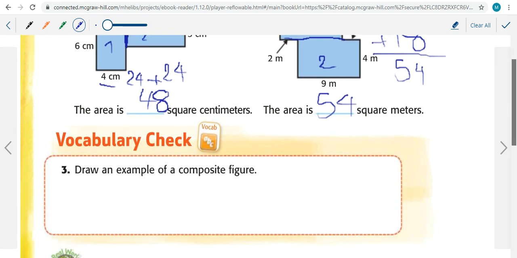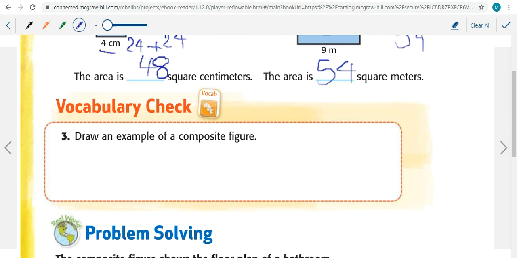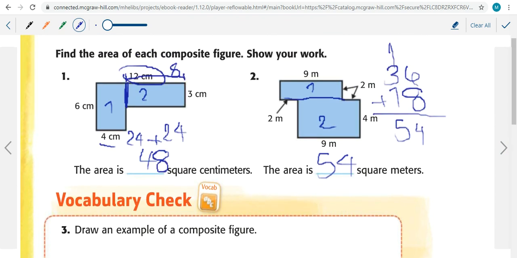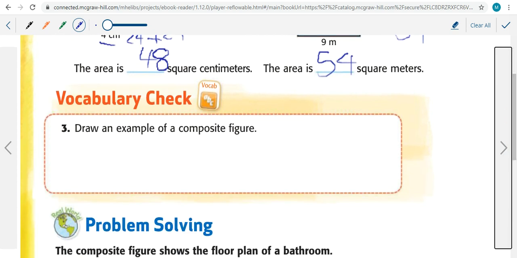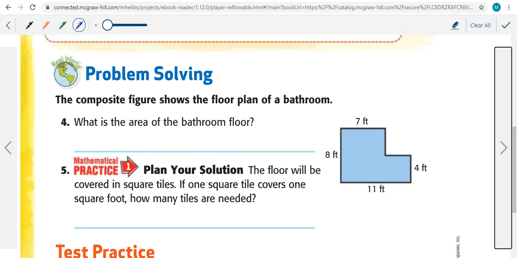Okay, vocabulary check. Draw an example of a composite figure. You can copy any of these examples. Remember that composite figures are figures that are made of two shapes, two or more figures. Now, number 4.